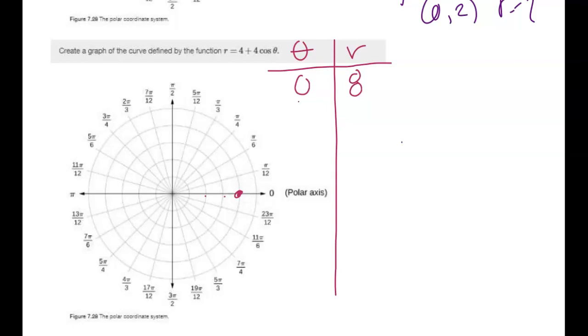All right, let's look at pi over 6. So it's going to be 4 plus 4 root 3 over 2. That ends up being about 7.46. Oops, right there. All right, pi over 4 ends up being 4 plus 4 root 2 over 2, which is about 6.8.